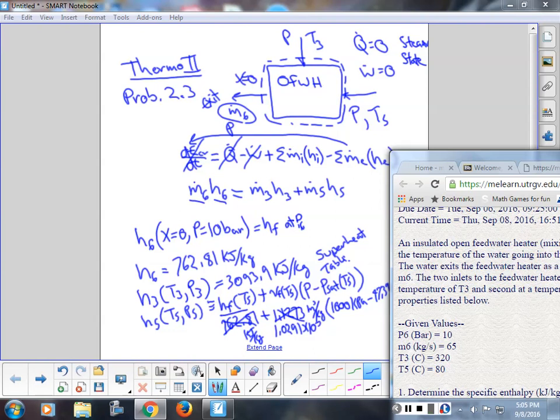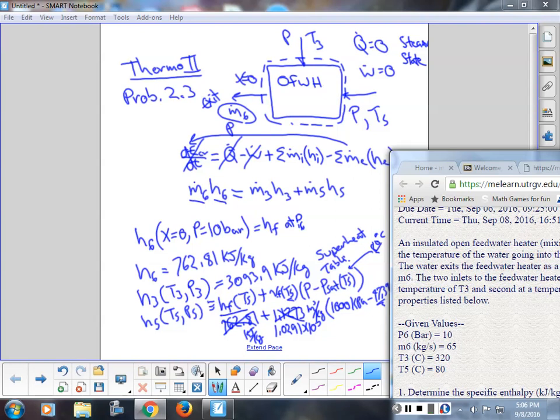So 1.0291, and then this is 1,000 kPa minus 47.39, which makes sense now, because it was 1,000 minus 1,000, it didn't make sense. This is the saturation pressure at T5, which is 80 degrees C. And then this is the specific volume at T5 equals 80 degrees.